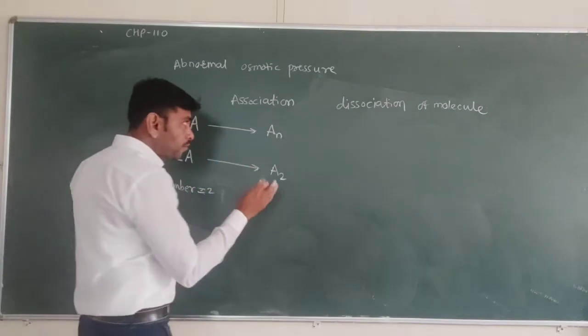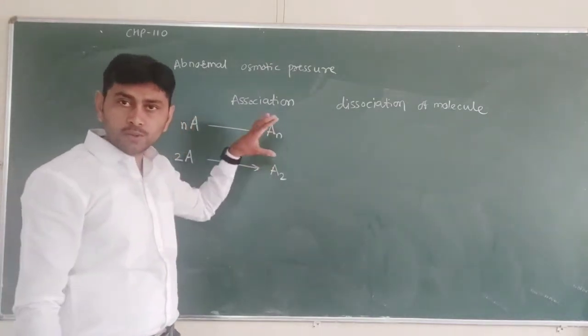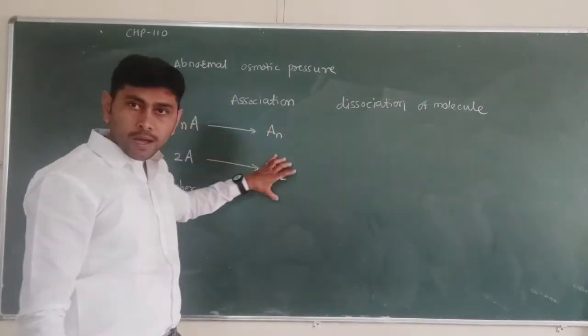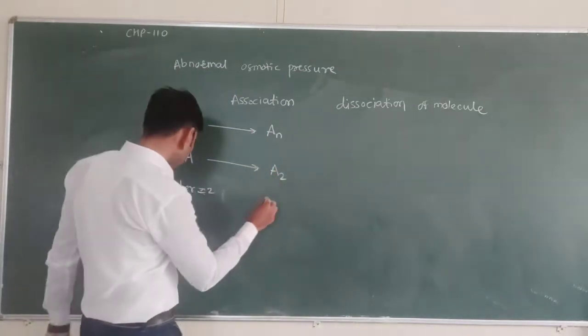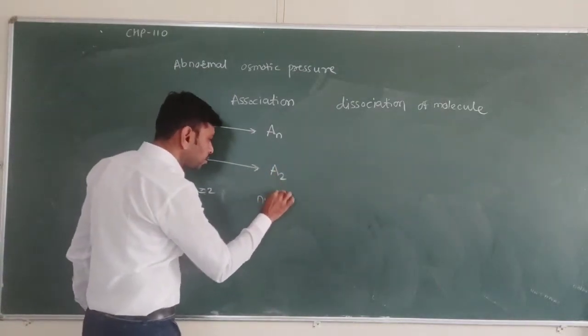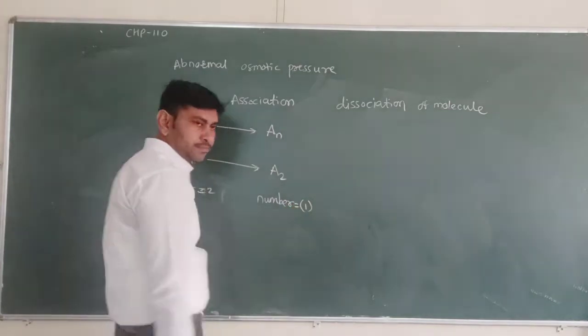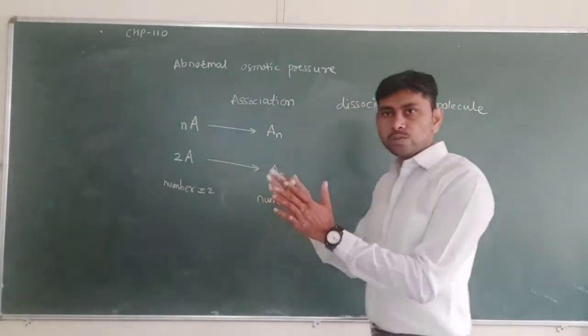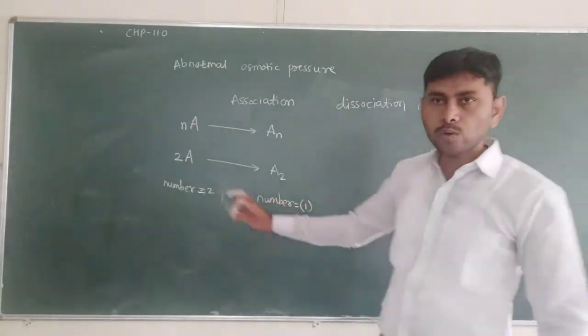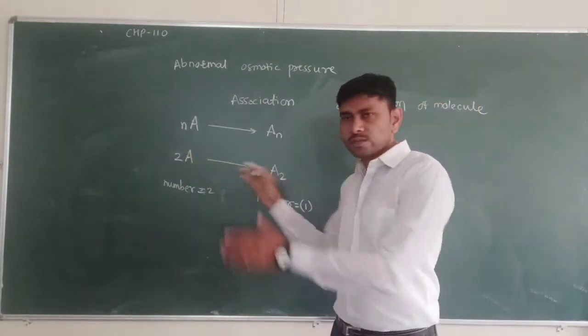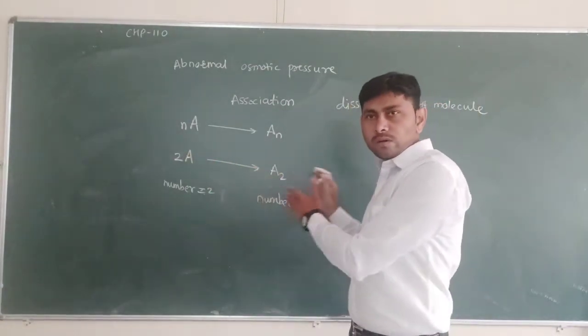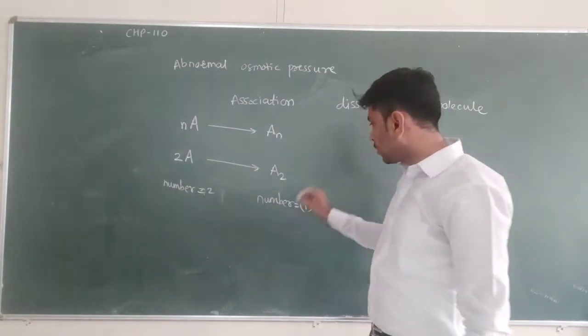But after association, the number changes to 1, because 2 molecules associate to form 1 molecule. Similarly, sometimes 3 molecules associate to form 1, or 4 associate to form 1.